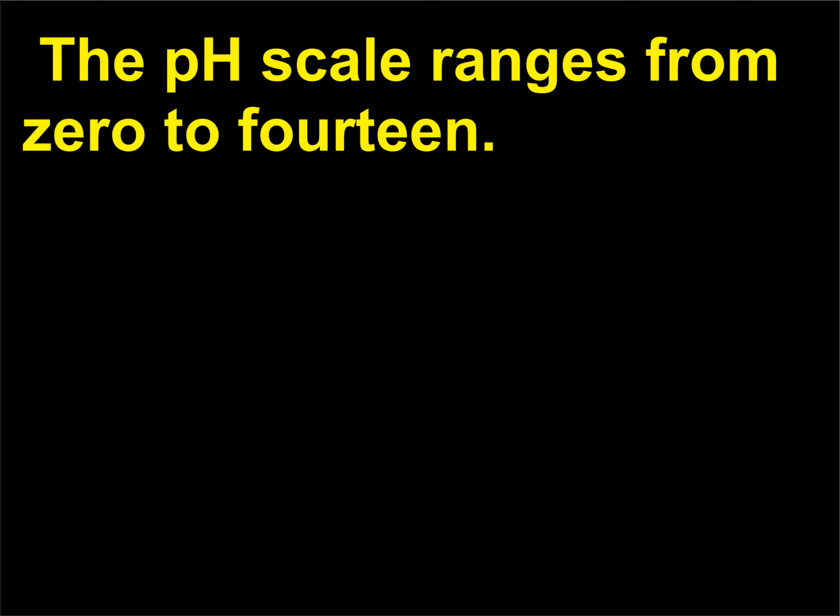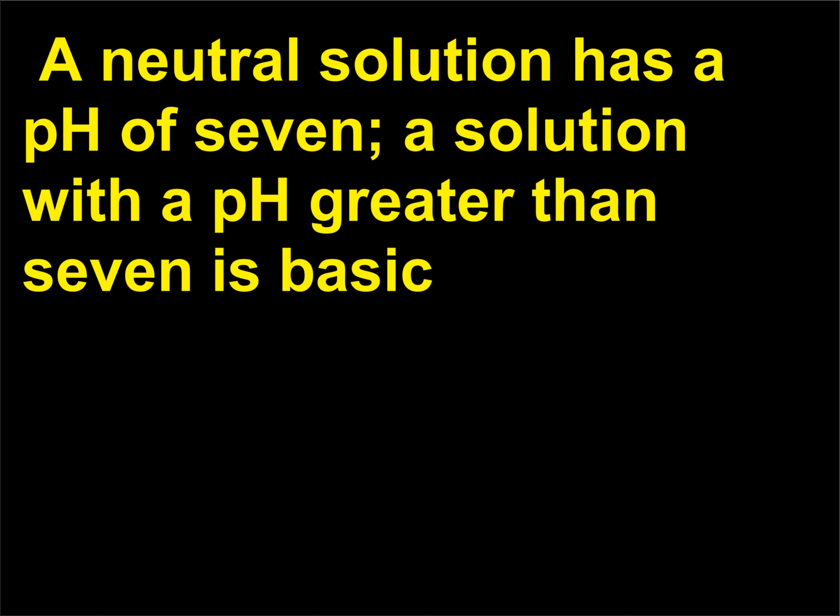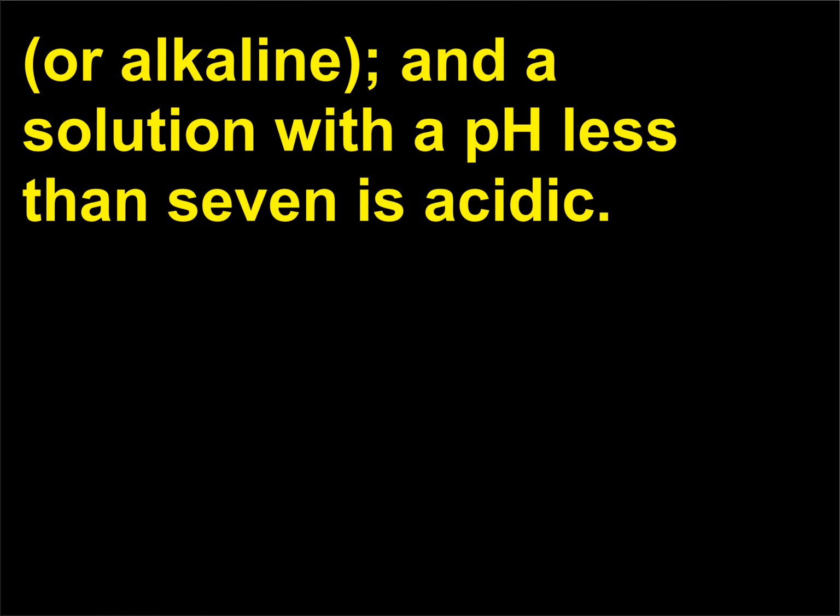The pH scale ranges from 0 to 14. A neutral solution has a pH of 7, a solution with a pH greater than 7 is basic or alkaline, and a solution with a pH less than 7 is acidic.